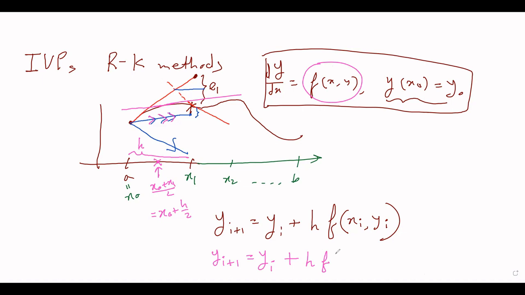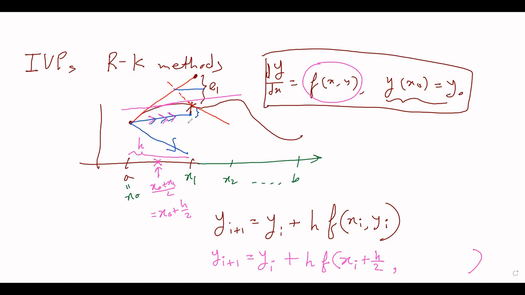Which is on the curve, of course. So this time we are using the midpoint. So it should be x i plus h by 2. The x coordinate of the midpoint is x i plus h by 2.